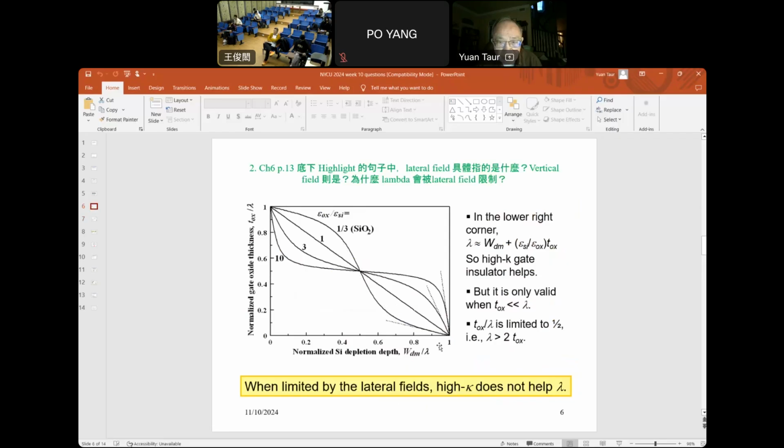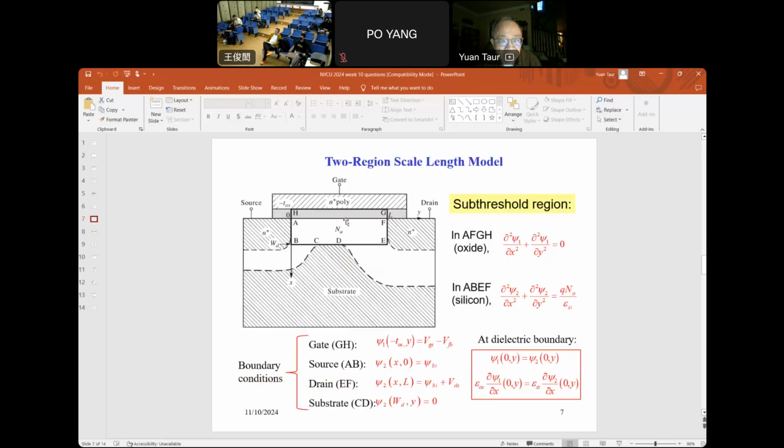And in this lower right corner, okay, the lambda is approximately given by, well, first of all, let's explain the simple case, the one case. One case means that epsilon silicon and epsilon oxide are the same. In that case, if they are the same, then it's essentially one region.